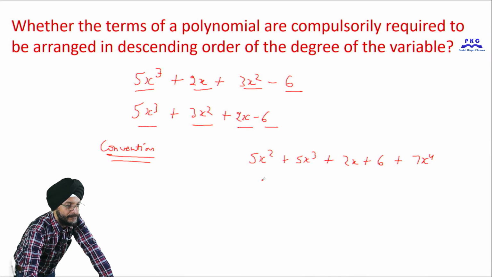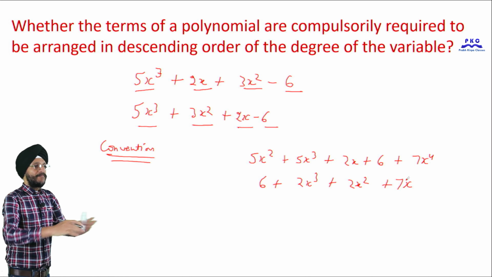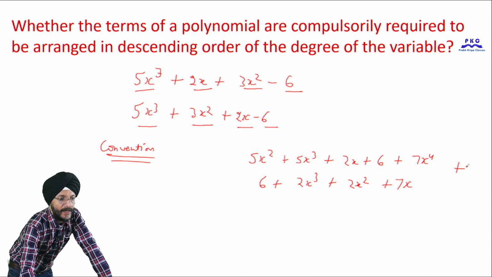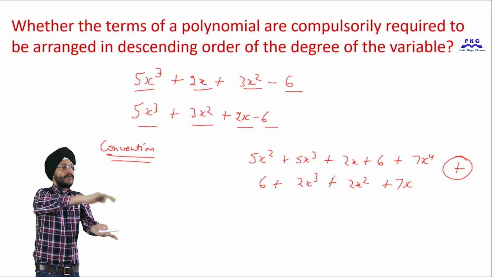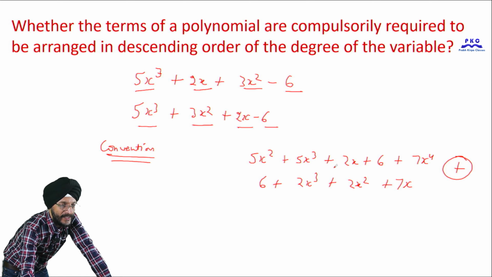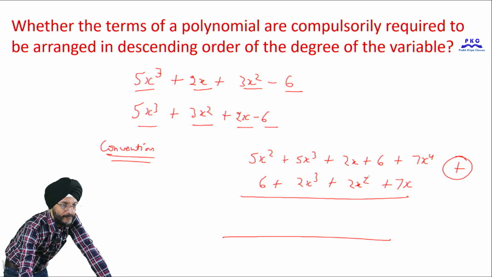Suppose this is the case. Then here we are to do, suppose, addition of these two polynomials. Now, if we are to do the addition, will it be possible that we can do addition in this way?